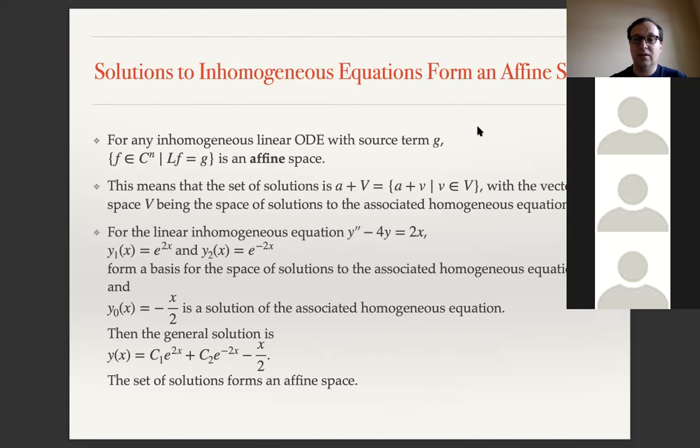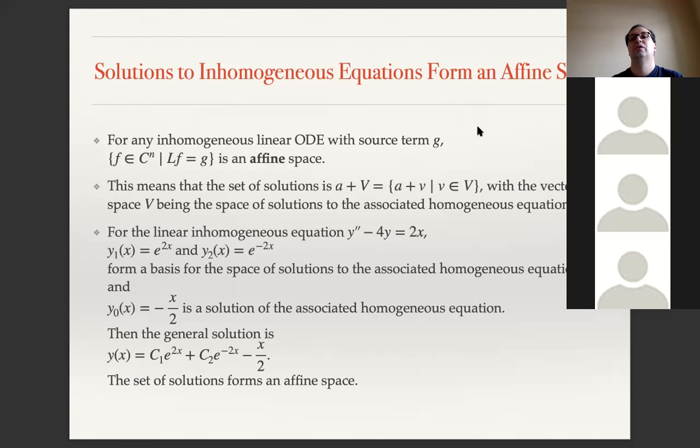So in our case, what is the wider vector space? It's the space that I mentioned, Cn, the space of n times continuously differentiable functions. And what is the smaller vector space, the one that we move off the origin? It's the vector space of solutions. So solutions form a vector subspace of the big vector space of all differentiable functions with that many derivatives.